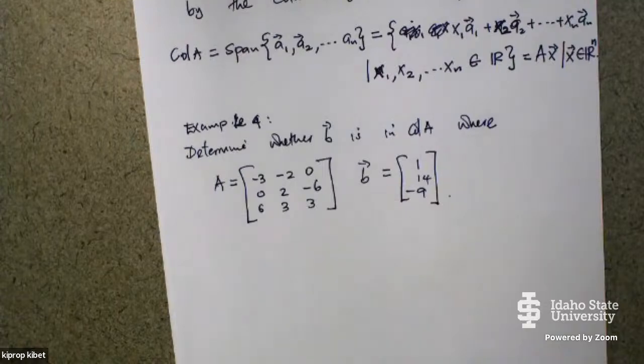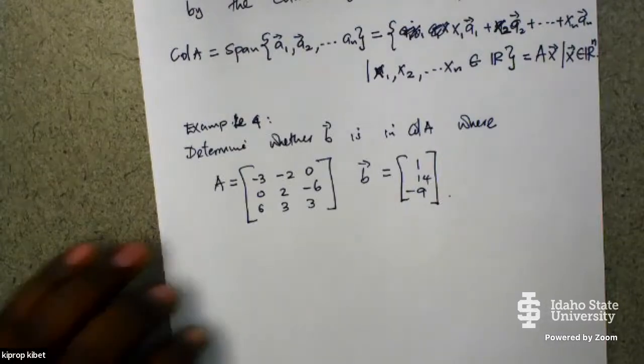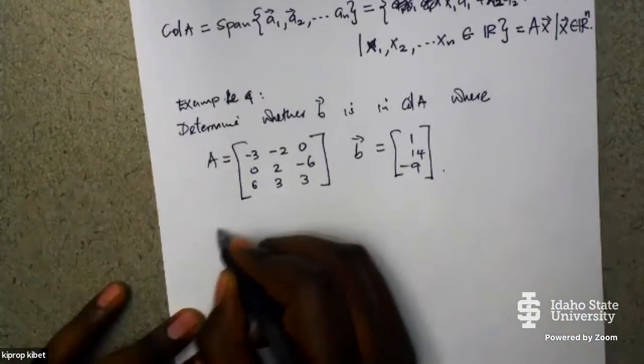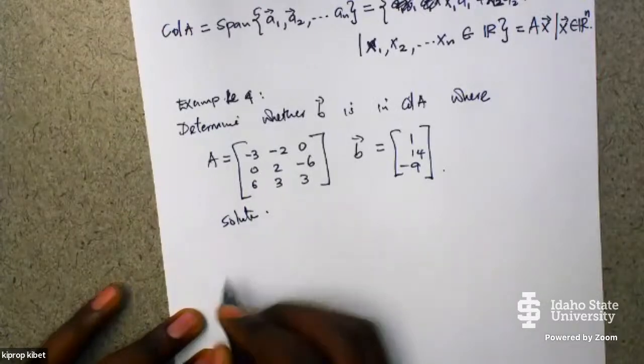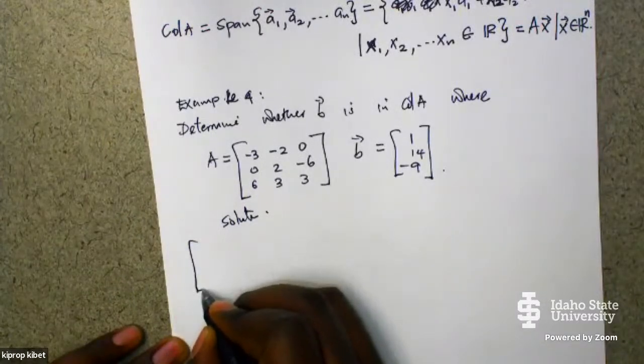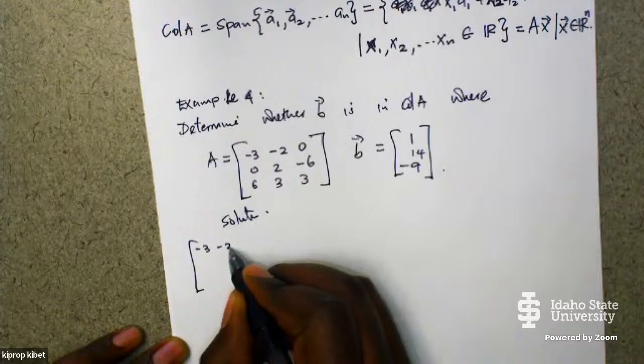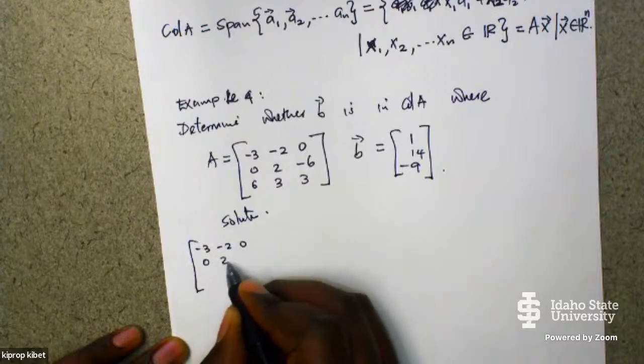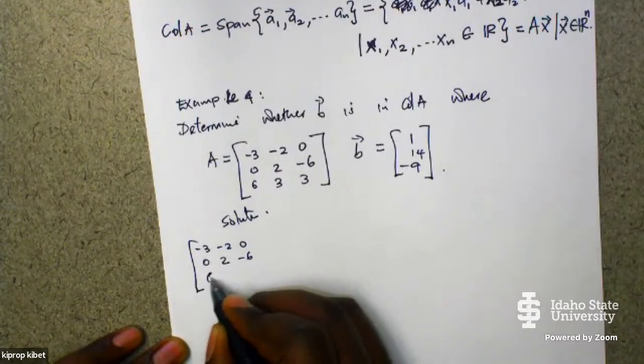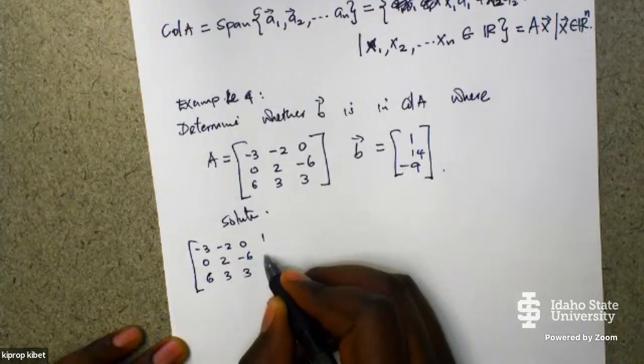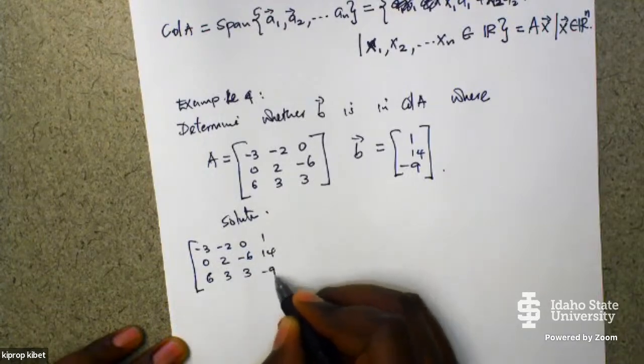If it is consistent, then B is in the column space of A. So we reduce the augmented matrix -3, -2, 0, 0, 2, -6, 6, 3, 3, and then 1, 14, and -9.